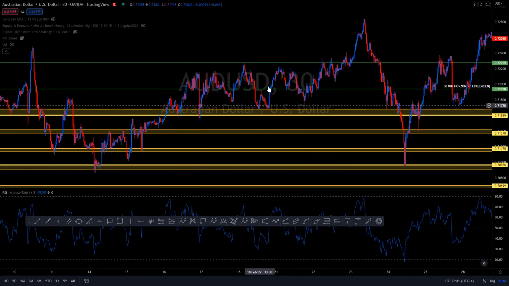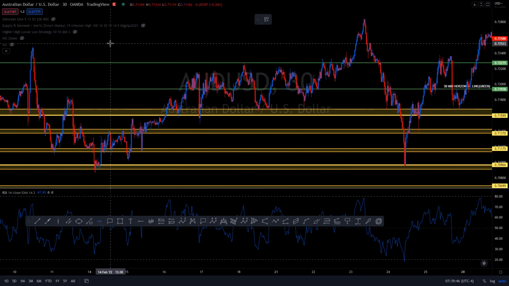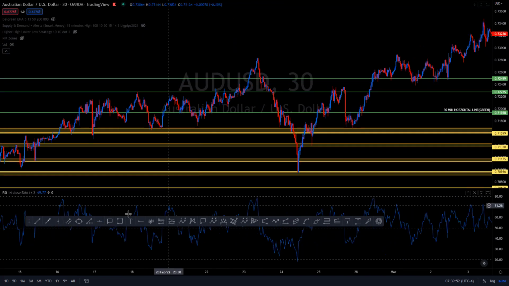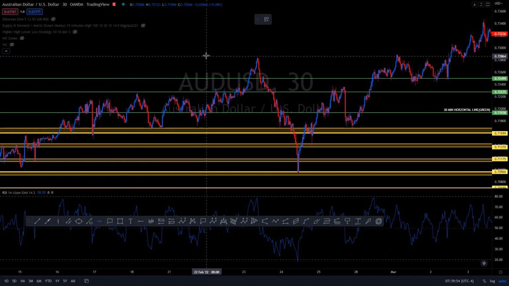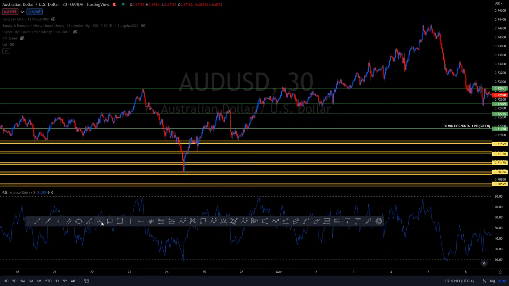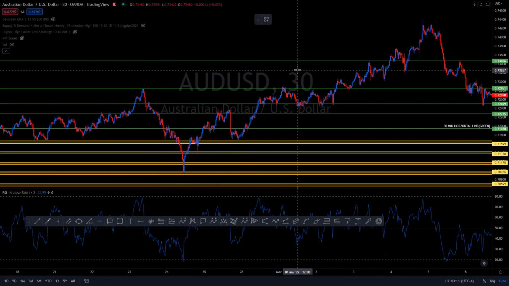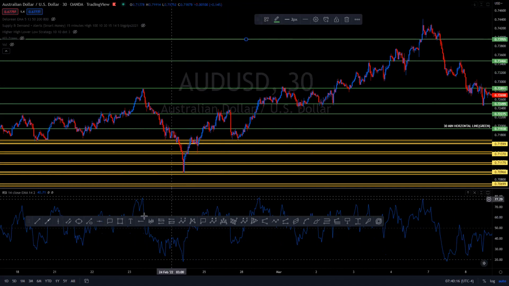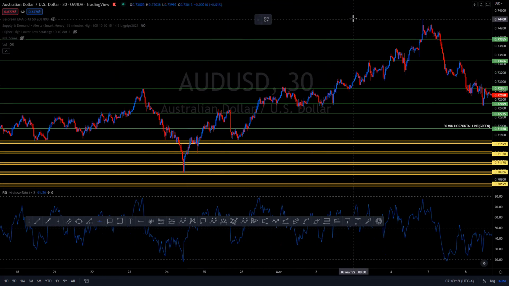Price was respecting this area and pushing down, so on and so forth. You see another good area here. It's a good area here. Go all the way up to here. And then we could probably just put one on top of here.